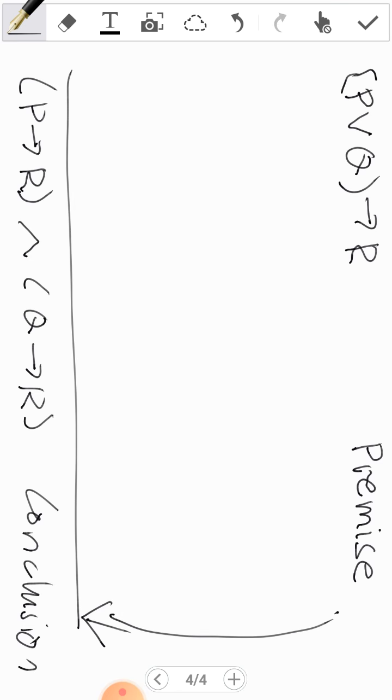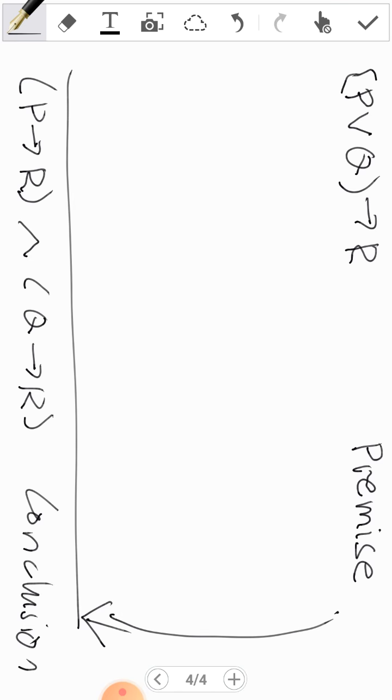Going back to our list, where do you find an implication again from your list? We can look at number 8 again, material implication.